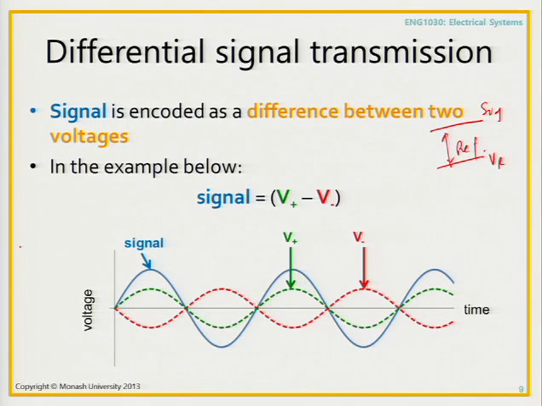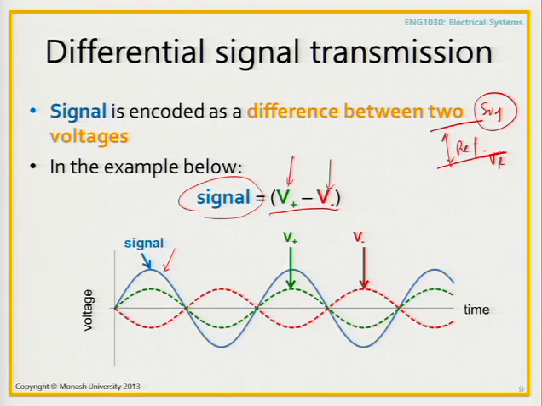So over here, in this example, you've got two voltages, V plus and V minus, in red and blue. If I use this equation and subtract V minus from V plus, that's where my signal value is encoded. If I take the green line and do an algebraic subtraction of the red line, I will get the solid blue line here. That is how you can encode a signal, not just putting the signal as a difference between a value and a reference voltage of 0.